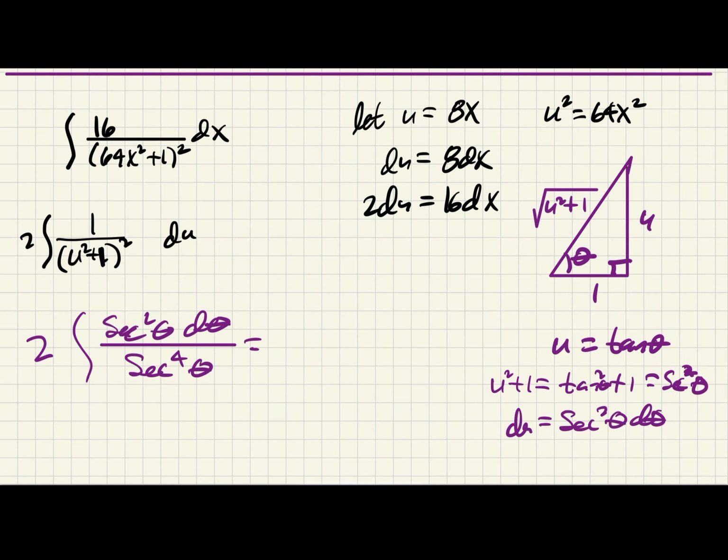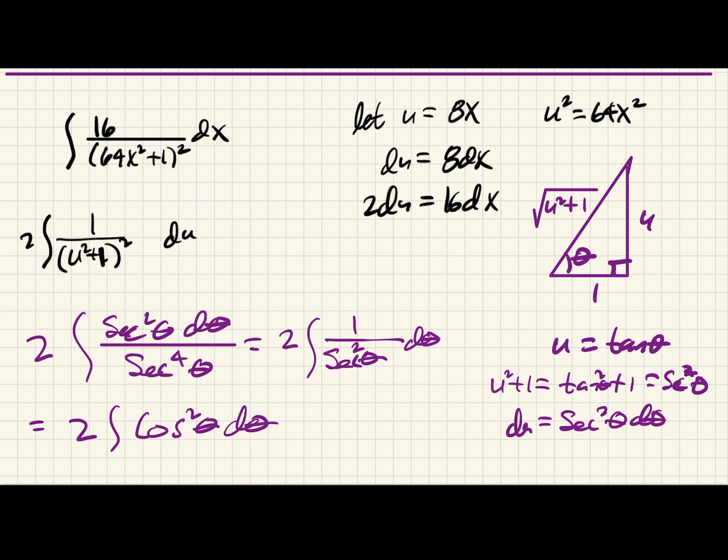And so this then is going to be 2, 1 over secant square theta d theta. Well, that'd be okay if that was just secant square, but it's not. It's 1 over secant square, right? So what you going to do with that? Same cosine, okay. So we have 2 integral cosine square theta d theta.